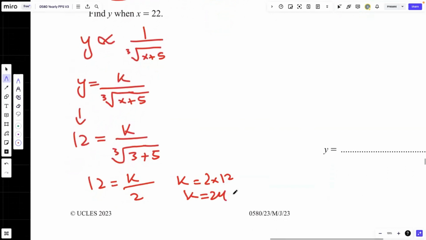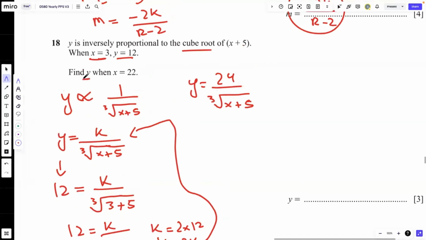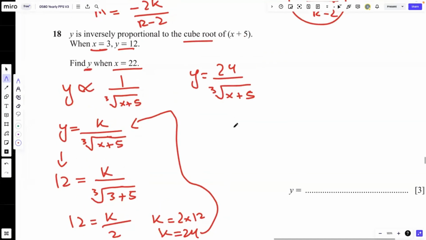Now when you do have the value of k, you can place it back here and it will look like 24 over cube root of x plus 5. And now the final requirement is to find y when x is 22.